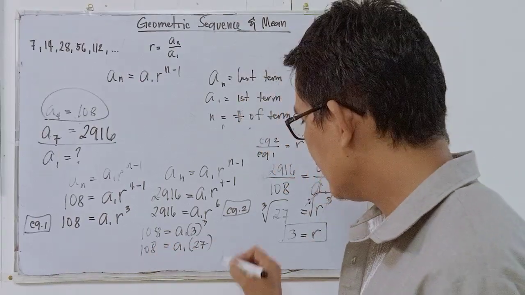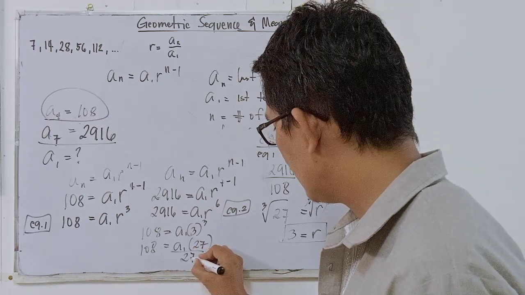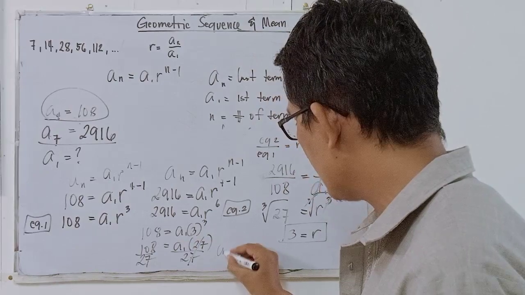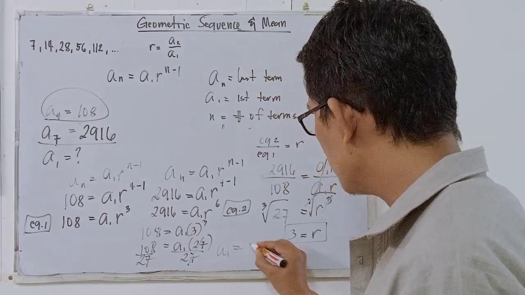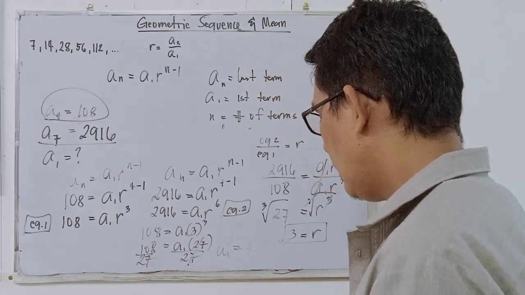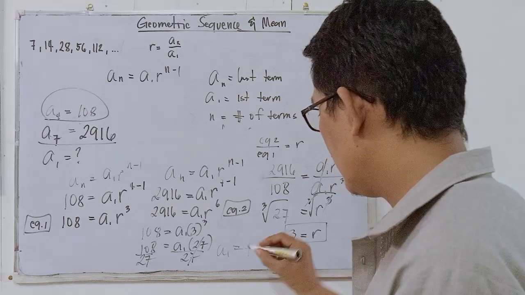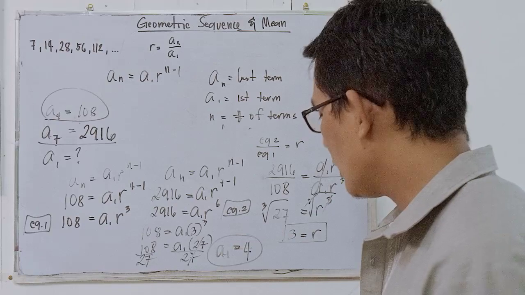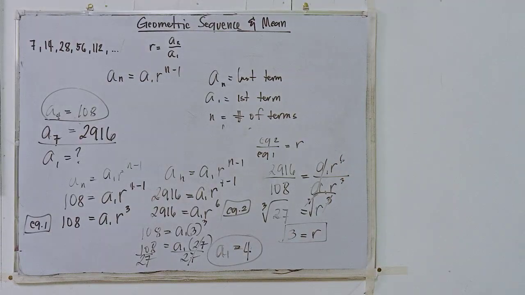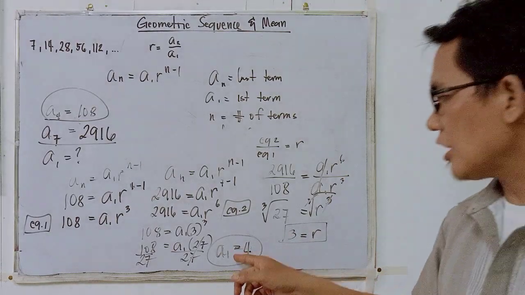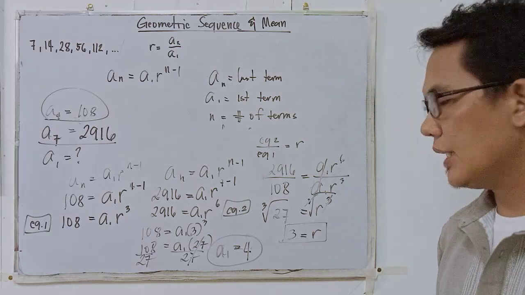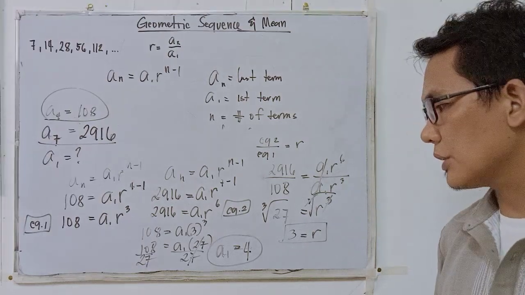Then divide this by 27. Both sides of the equation. This will be cancelled. What is left is a sub 1 is equals to 4. So divide 108 over 27. Our a sub 1 is equals to 4. So therefore, we have solved already with our first term. Our first term is a sub 1 is equals to 4.